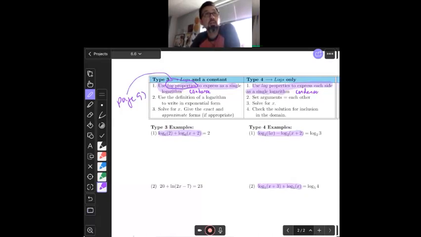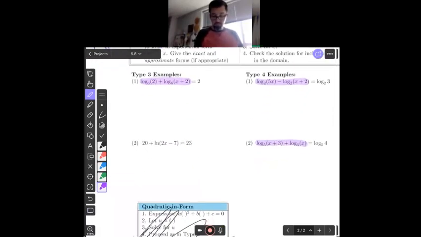So you might need to flip back there and look at those real quick, because that's what we're about to start into: how do we use those log properties to condense the problems. That day we learned those, we talked about expanding them, pulling them apart, and then pushing them back together. And I told you when we would use the condensing to help us solve. Here we are trying to use the condensing to do that. So if you need to glance back at page 97 to look at your log properties, do so now.